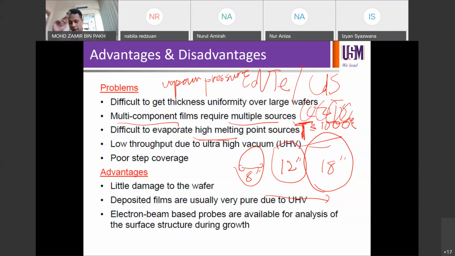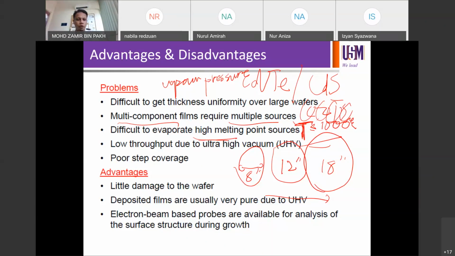But if you want to go for titanium, palladium, and silicon nitride, for example, it's going to be very hard to deposit on an evaporation system. That's why we have another PVD system or another process like sputtering and so on in order to do the job, typically for dielectric materials or metals with higher melting points.